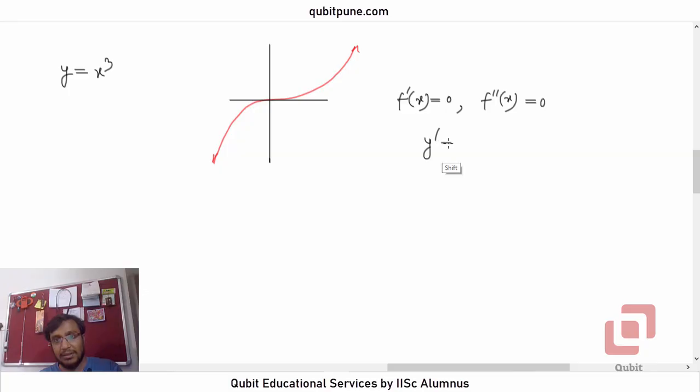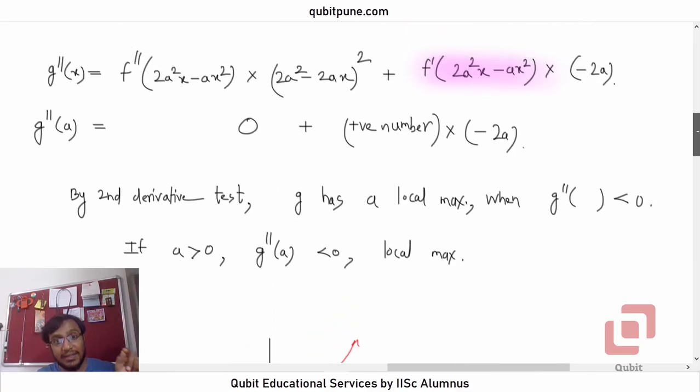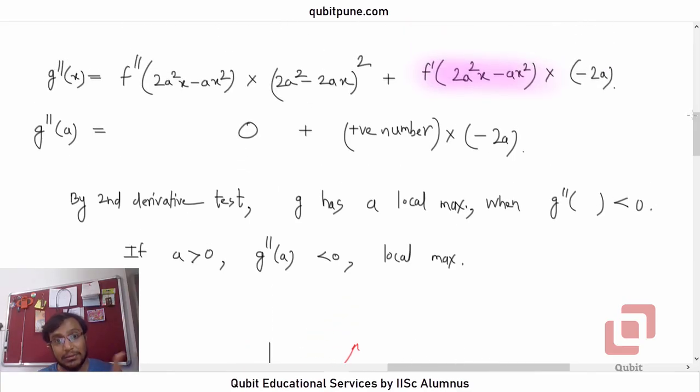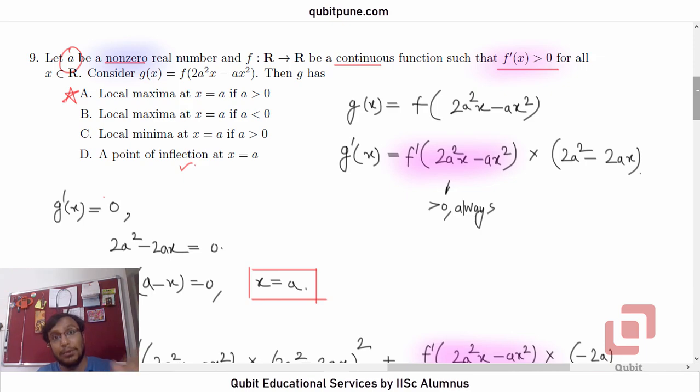If you differentiate, y prime will be 3x squared. When you equate it to 0, you'll get x equal to 0. But what about the second derivative? The second derivative is also 0. But in our case, the second derivative is not 0. It is negative, of course, if a is positive. So I hope you understood that the inflection point possibility is to be ruled out, because for an inflection point the second derivative should also be equal to 0. Okay, and then we have to analyze it further. So the correct option to question 9 is A. That is now confirmed. Local maxima at x equal to a if a is positive.